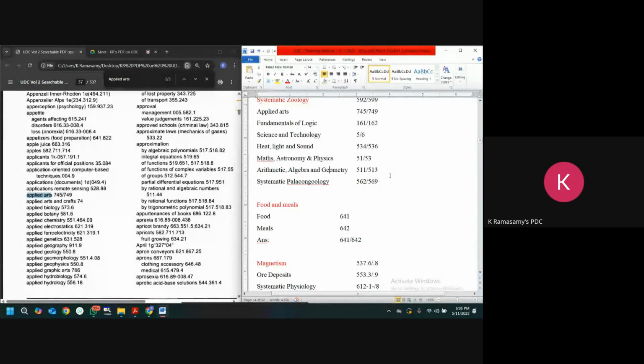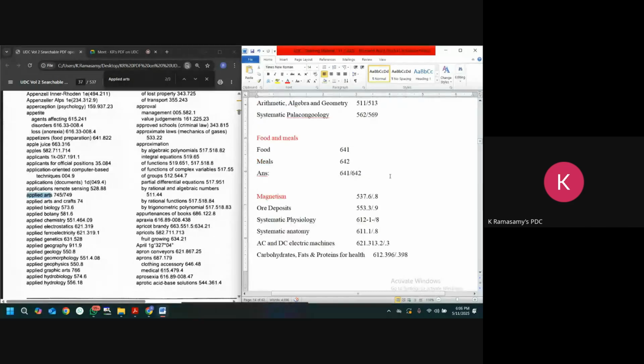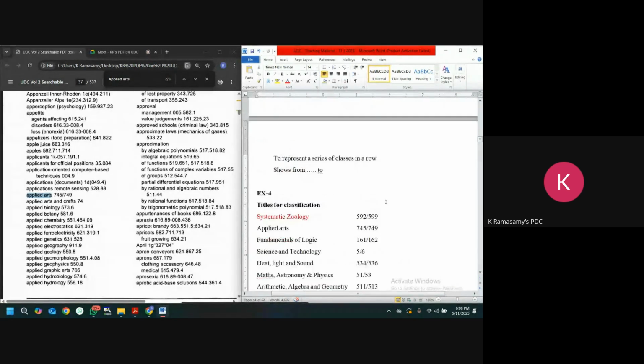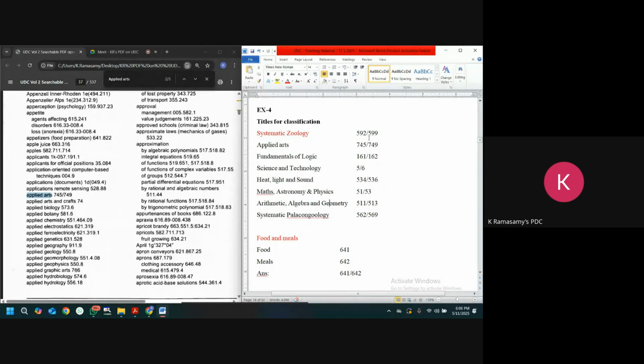I'll give another example. Food and meals. What is the book you receive? Food and meals. I look for them. What is the number for food? 641. What is the number for meals? 642. Now I need to combine these two numbers. A ready-made number is not there. If you go to systematic zoology, they have a ready-made number 592 slash 599.